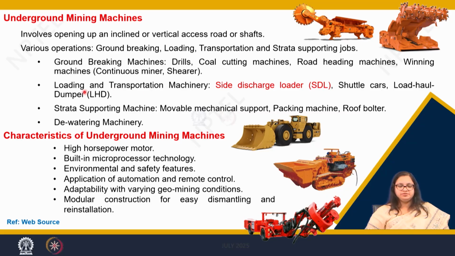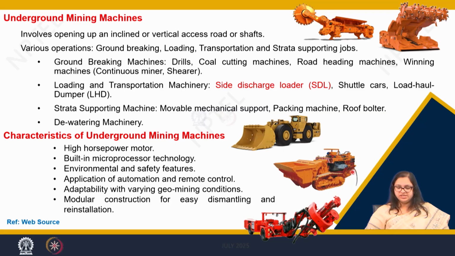We have a few of the loading and transport machineries like side discharge loader, shuttle cars or load haul dumper. If you see this machine, this is tire mounted. We call this the load haul dumper. These are very small and compact in size so that they can work in any thickness of the seam in underground mining operations.